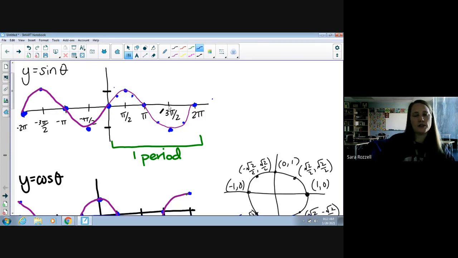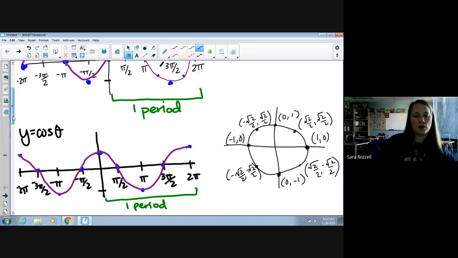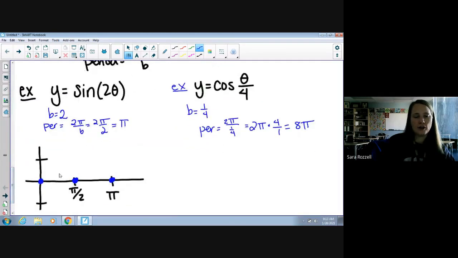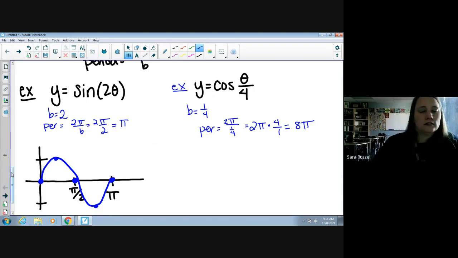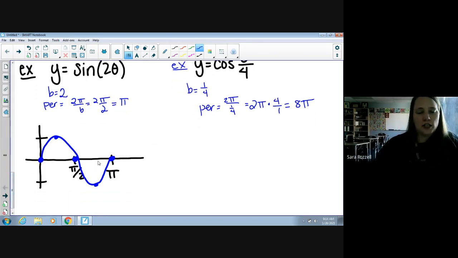And halfway between the second and third is at -1. So I'll just plot halfway between at 1, halfway between at -1. So we start at 0, we finish it by pi, so that has shrunk it. We have a compression here. Normally it would be 2 pi long, now it's 1 pi long.